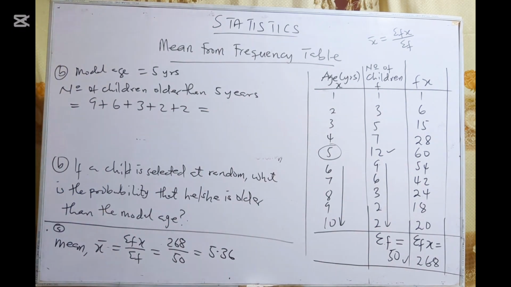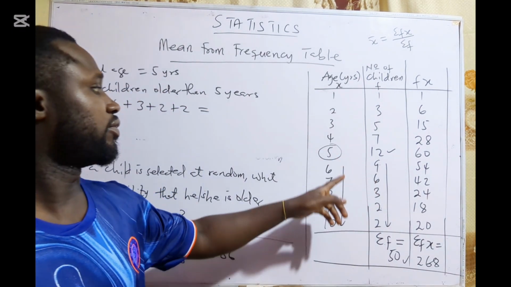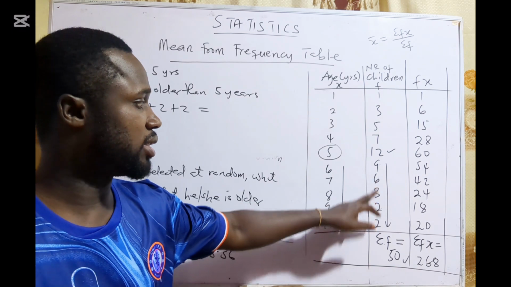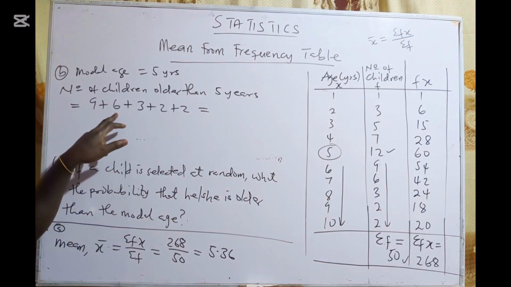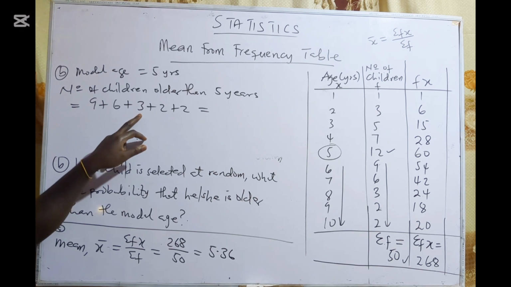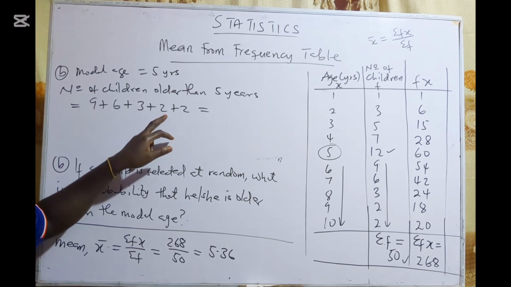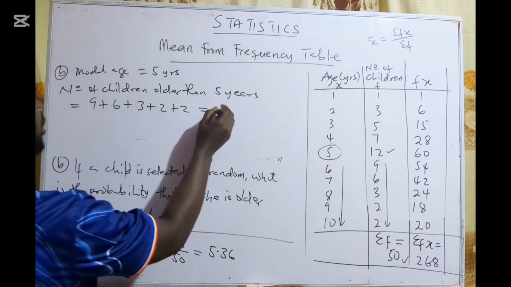Okay, so these are the number of children older than 5 years. So 9 plus 6 is what? 15, plus 3 is 18, plus 2 is 20, plus another 2 is 22.